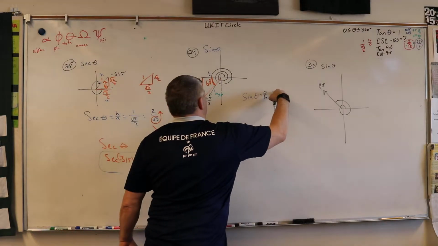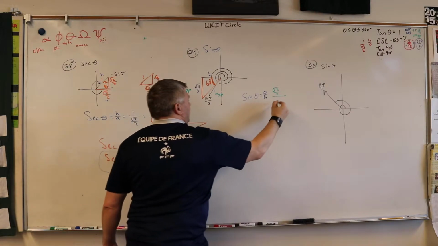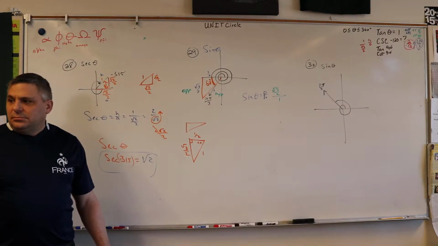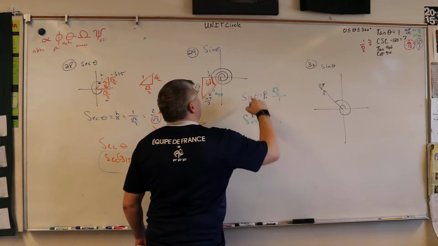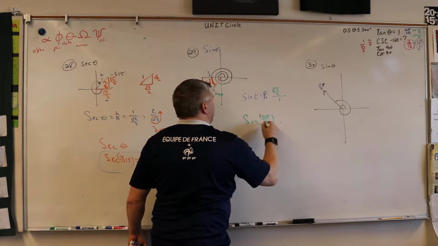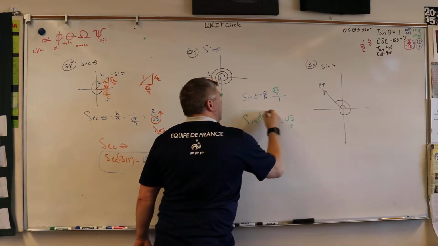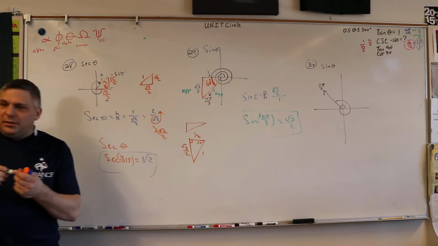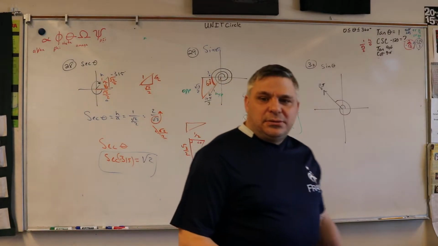So I have my opposite is the square root of 3 over 2 divided by 1. Well, that was kind of easy, right? So that means that the sine of 16 pi over 3 is equal to the square root of 3 over 2. And we didn't need our calculator. That's straight from the unit circle.